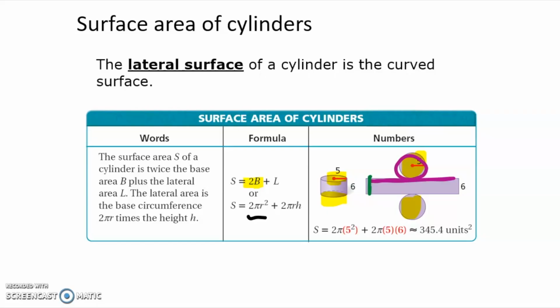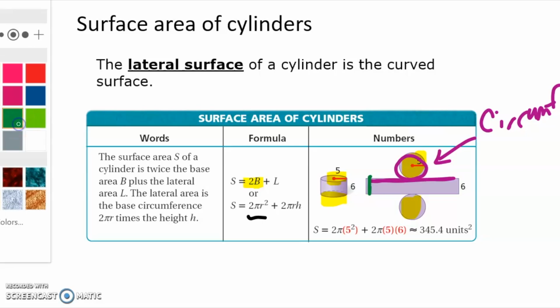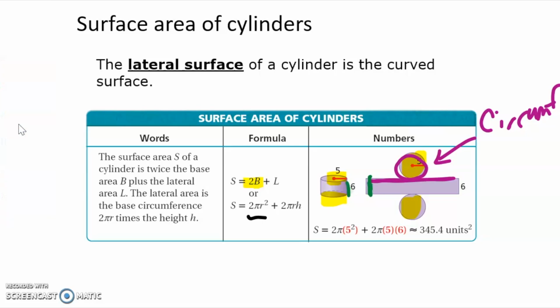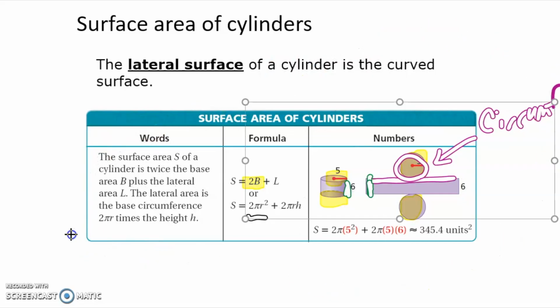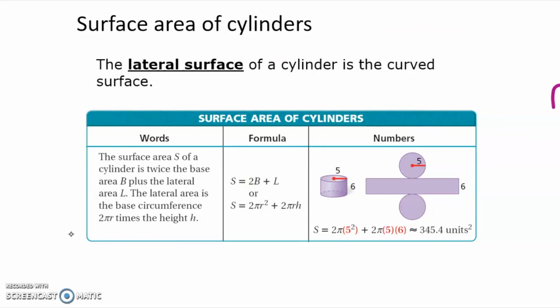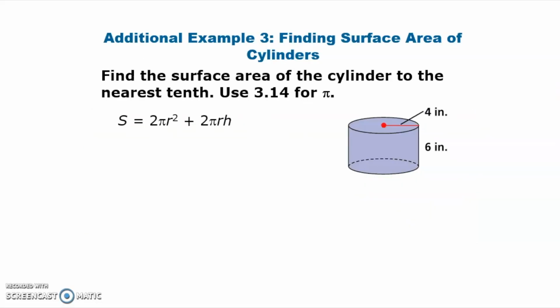So that is the same as the circumference. And then the width is the height of our cylinder itself. So we're going to go ahead and use those ideas to practice finding the surface area of cylinders. So let's take a look at our first example.